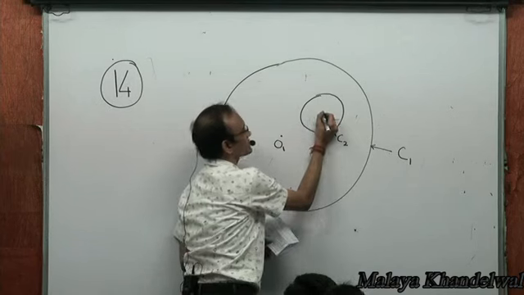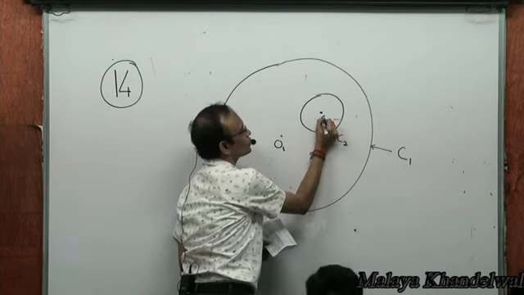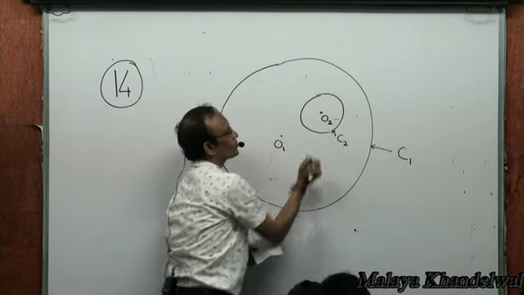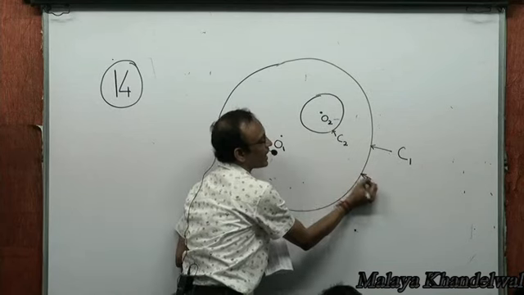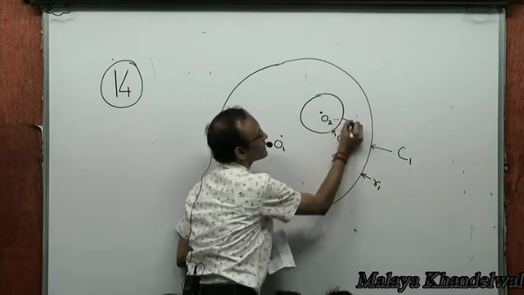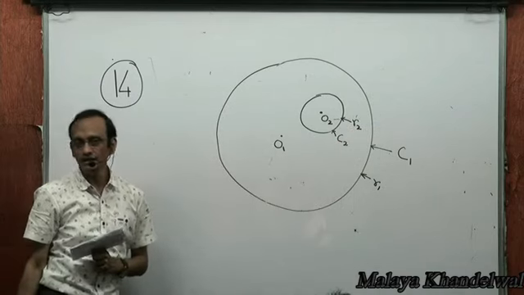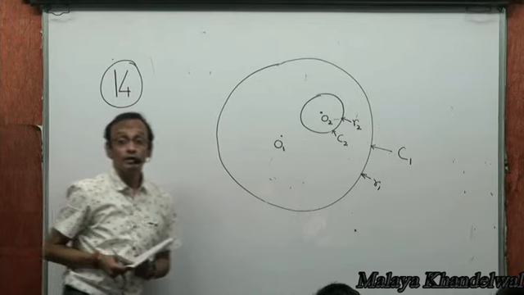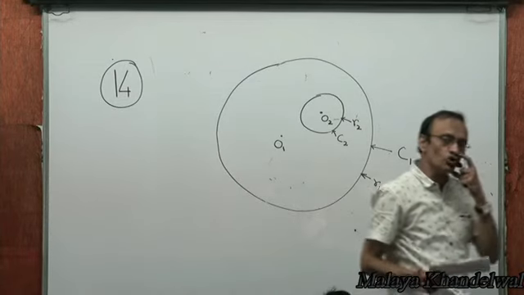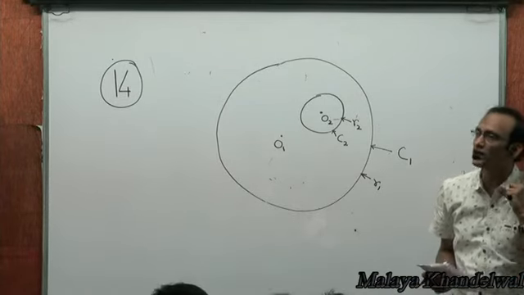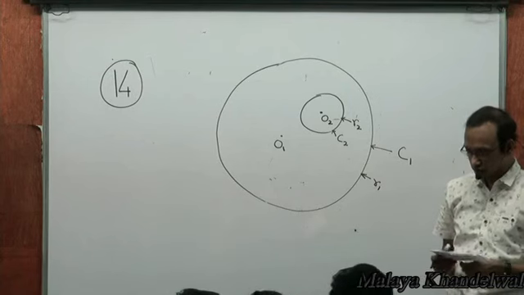These are two fixed circles, and let's say the center of this is O2. Say the radius of C1 is R1, the radius of C2 is R2. These are two fixed circles, centers O1 and O2, radii R1 and R2.